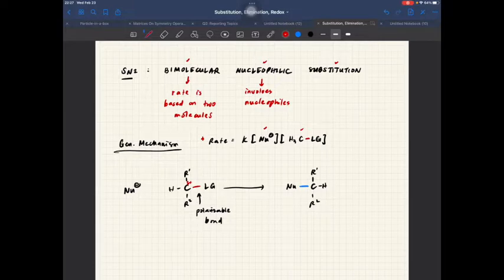Since the reaction is dependent on two reactants, the nucleophile and the electrophilic species, we call this type of reaction bimolecular. As for the general mechanism, we have a primary or secondary carbon bound to a good leaving group, meaning the bond that it forms with carbon is a polarizable bond.